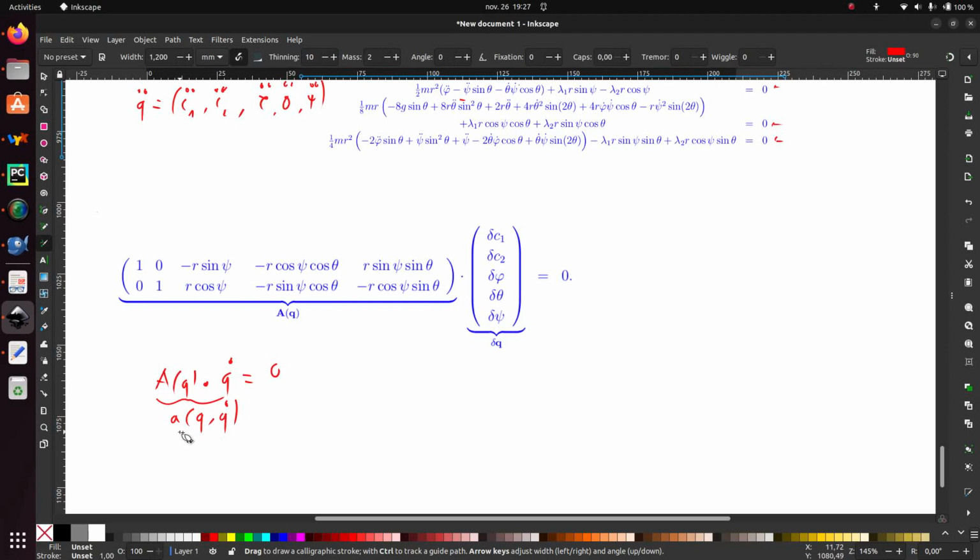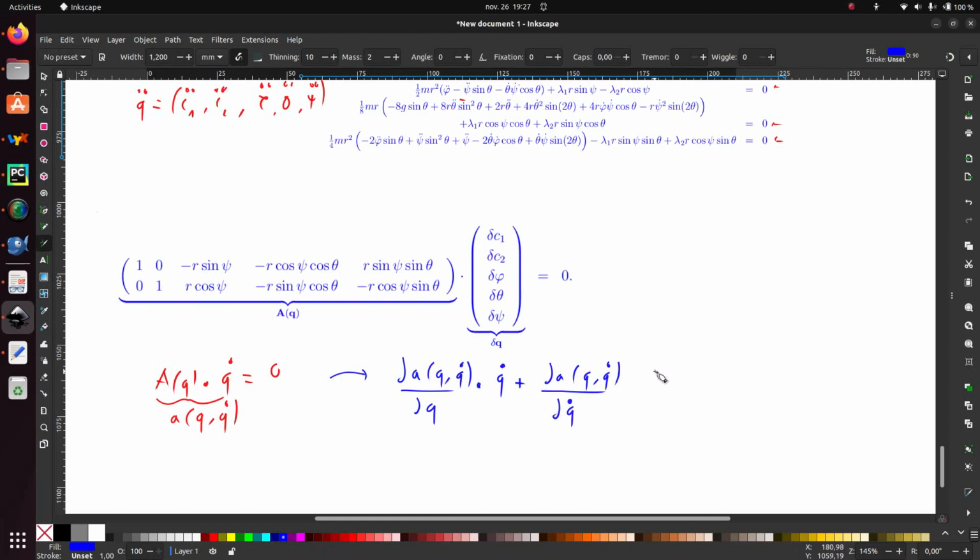This is why I need to differentiate this one to make q dot dot appear. So I differentiate this one, and I obtain the derivative of a, which depends on q and q dot, with respect to q multiplied by q dot, plus the derivative of a depending on q and q dot with respect to q dot multiplied by the derivative of q dot, which is q dot dot.